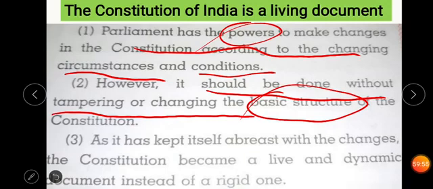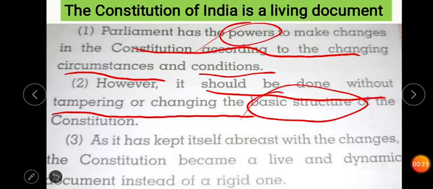The structure which is framed by the founding fathers, the constitution framers. If we change the basic structure, it will harm the sentiment and the dignity of the constitution framers. So without harming or changing the basic structure, we can amend the constitution.